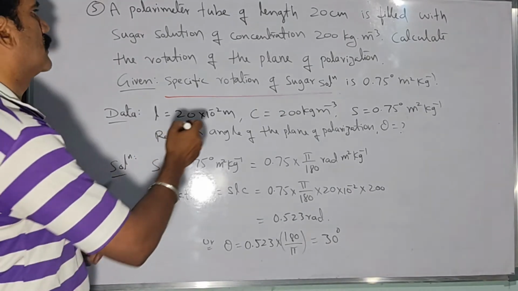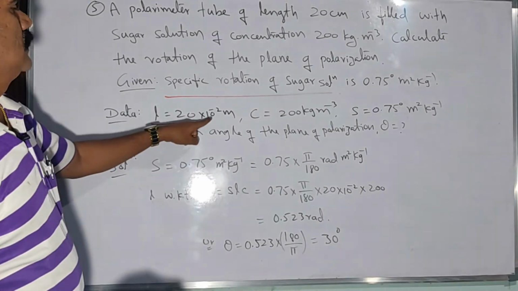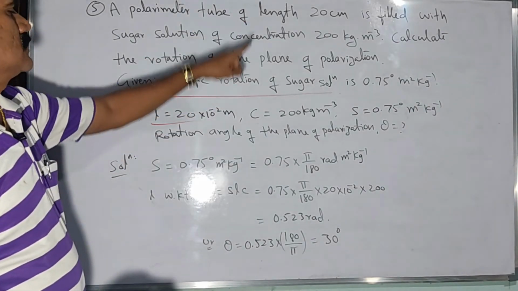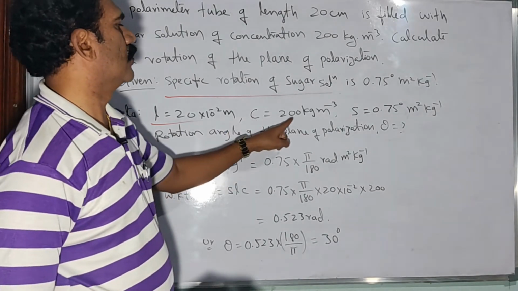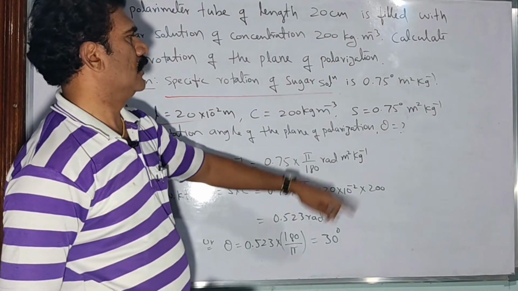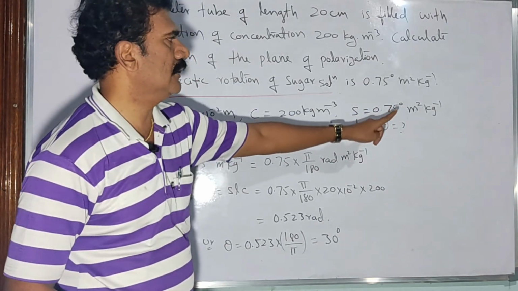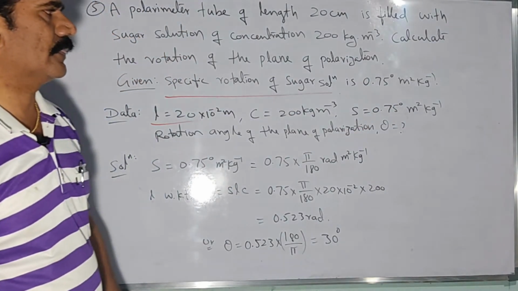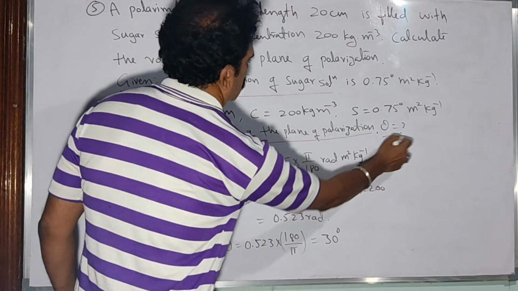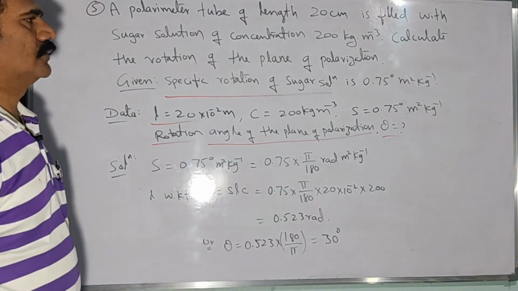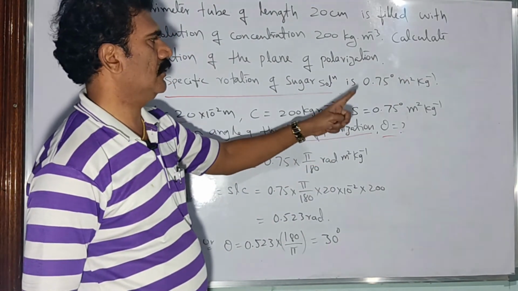Considering the given data, the length of the polarimeter tube is 20 into 10 to the power of minus 2 meter, since centimeter means 10 to the power of minus 2 meter, and concentration C is given already, 200 kg per meter cube, and specific rotation you can take as S equal to 0.75 degree meter square per kg. Then to find the rotation of the angle of plane of polarization theta, first you can convert the value of S into radians.